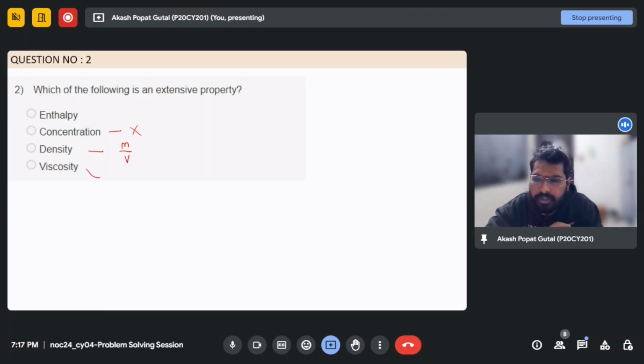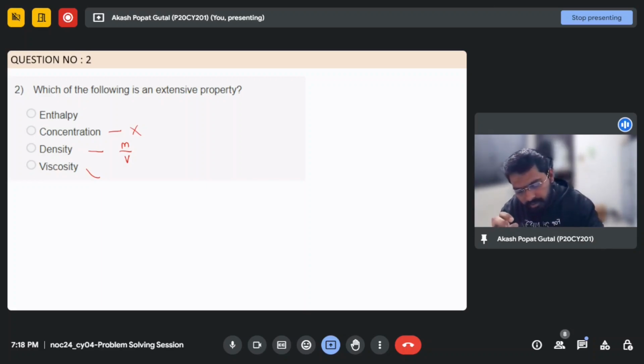And viscosity is also a property of your substance which doesn't depend upon the quantity, because even if you take more liters of a given liquid, the viscosity doesn't change. It's a property of that material itself.